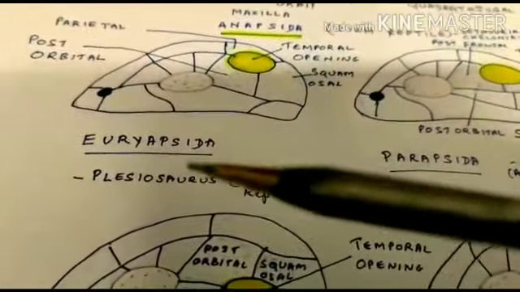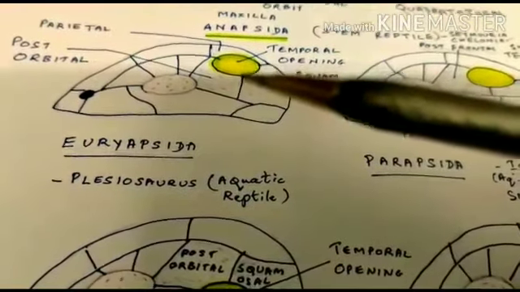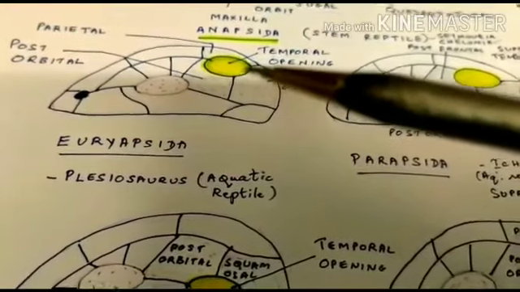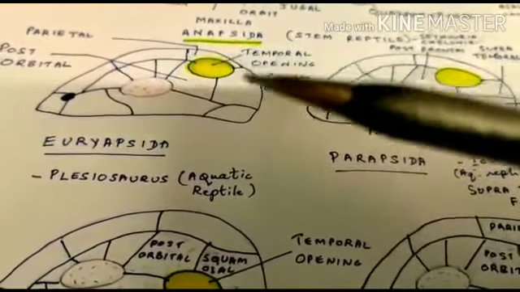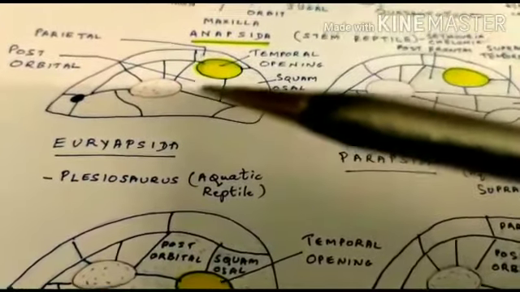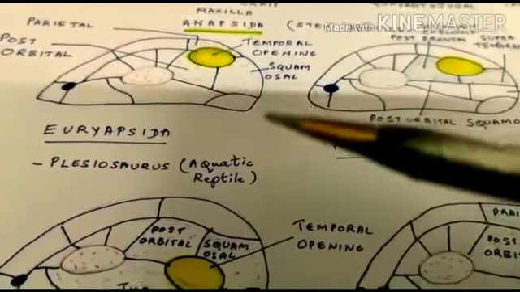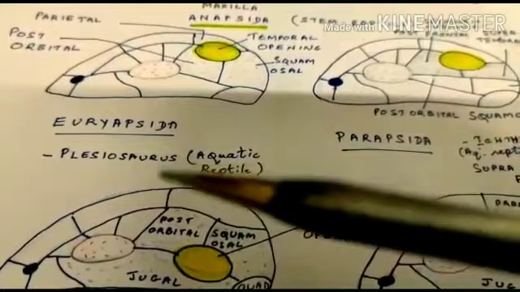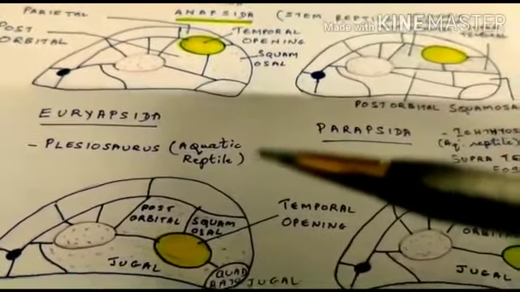In case of Euryapsida, you find that there is one temporal fossa, and that is a supratemporal fossa because it is more close towards the roof, and it is flanked by the parietal bone, postorbital bone, squamosal bone, but no extra bones are present. And this used to be found in Plesiosaurus, which was an aquatic reptile.